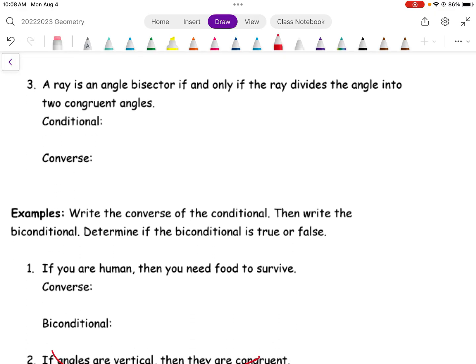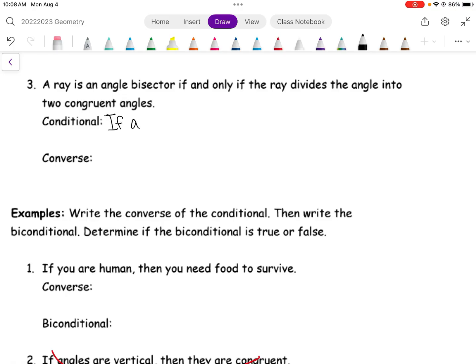Number 3. This is another geometry one. I want you guys to pause and try this one. It uses some vocab words we've talked about. A ray is an angle bisector if and only if the ray divides an angle into two congruent angles.